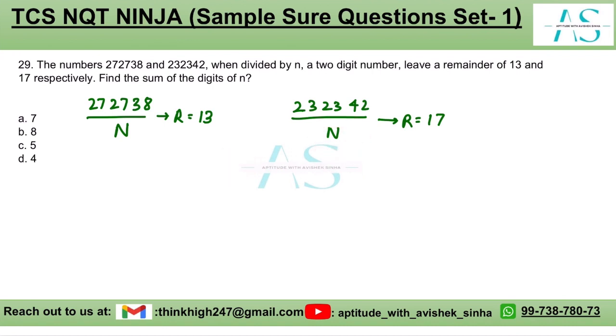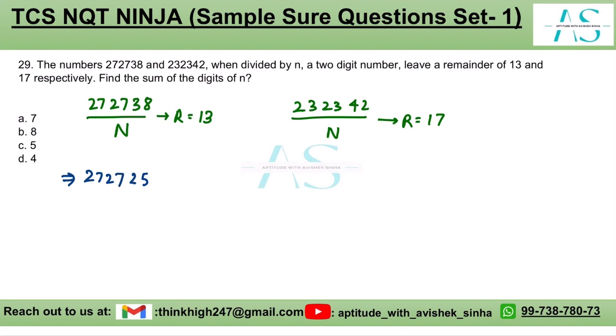Okay, so if you subtract 13 from this number and 17 from this number, then these numbers would be in the form of multiple of n. So let me do that. Subtract 13 from this, so this becomes 272725.